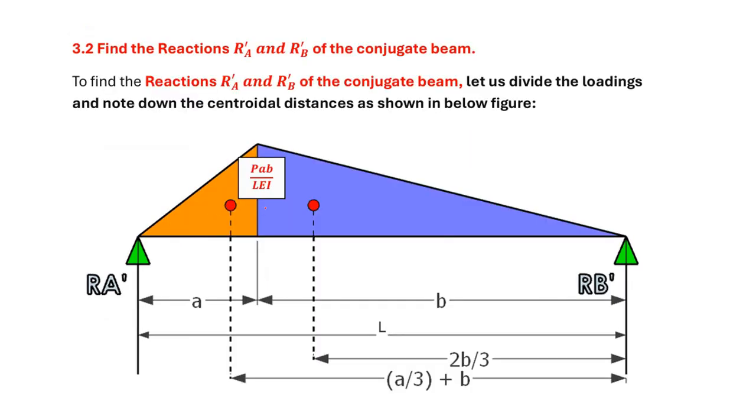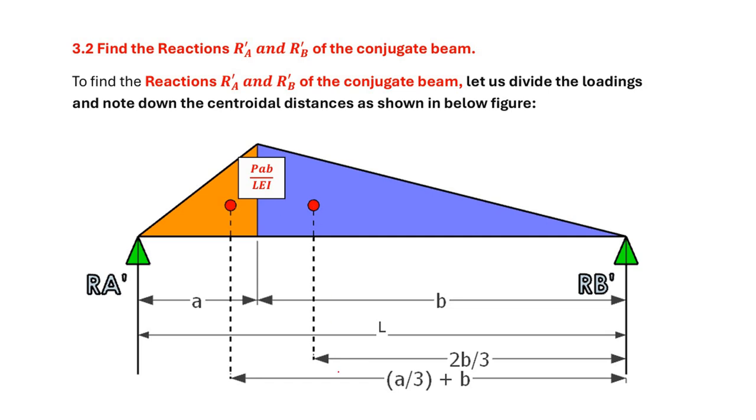Now the load diagram is simplified or divided into two portions. This saffron color portion gives you a small triangular loading, and this blue color triangular portion is also giving you a triangular loading. So the whole triangle has been divided into two right angle triangles, and you can see that the centroid is represented by these red color dots.